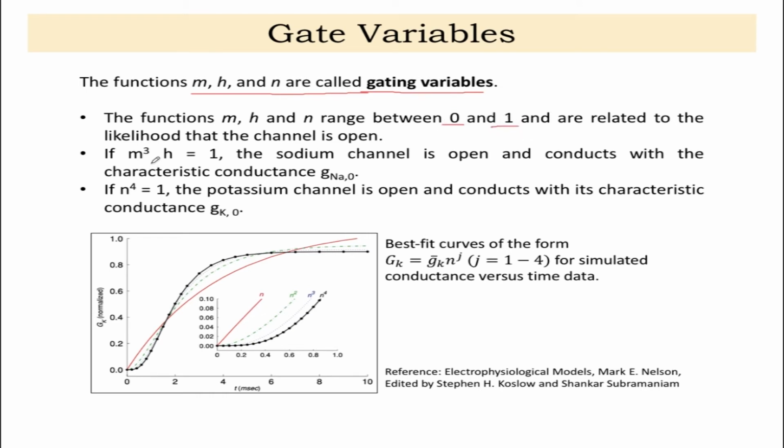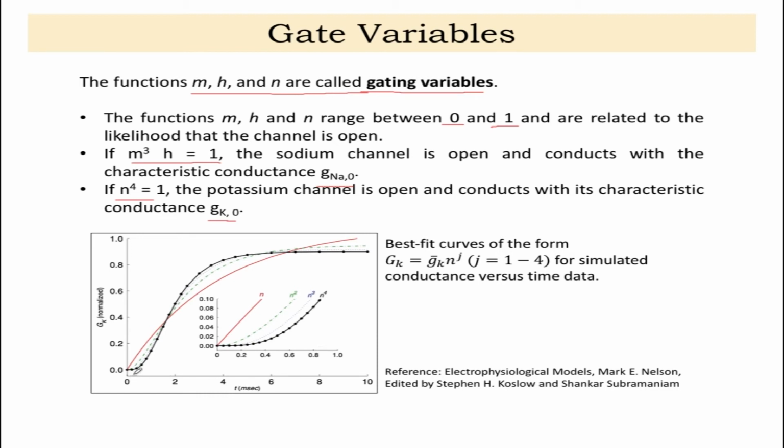So if m cubed h is equal to 1, then the sodium channel is open and that conducts with the characteristic conductance GNa. And if n to the power 4 equals 1, then the potassium channel is open and that conducts with the characteristic conductance of GK. This will happen only when m cubed h is 1, then the sodium channel will be opening, or n to the power 4 is 1, then the potassium channel is going to open.